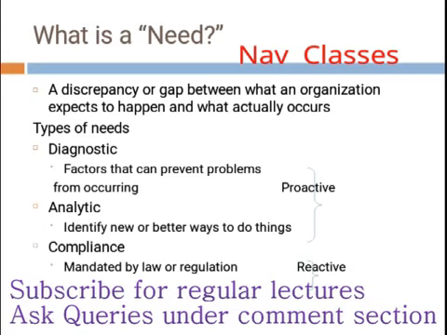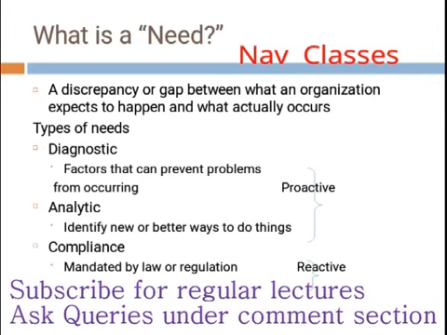Okay, so we are going to discuss diagnostic need, factors that can prevent the problem from occurring. If we diagnose beforehand that we are going to face this type of problem, then we are diagnosing the problem, and then factors that prevent the problem from occurring, so we do need assessment and try to solve that.